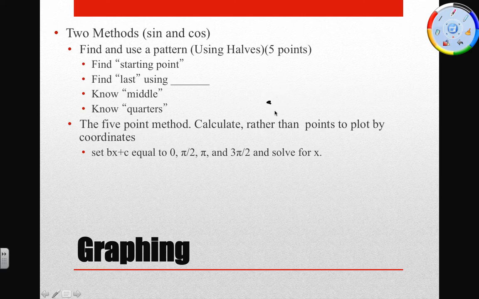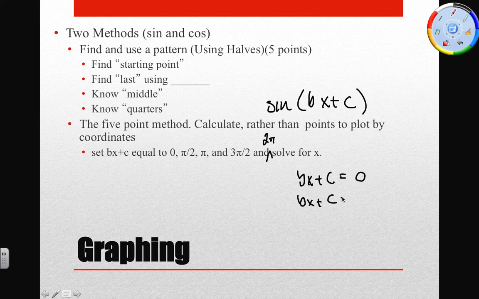So in our sinusoids, where we get sine of bx plus c, if you let this bx plus c equal these 5 numbers, oops, I missed a 5th number. So you're basically doing this: bx plus c equals 0, bx plus c equals pi halves, bx plus c equals pi, and so on.